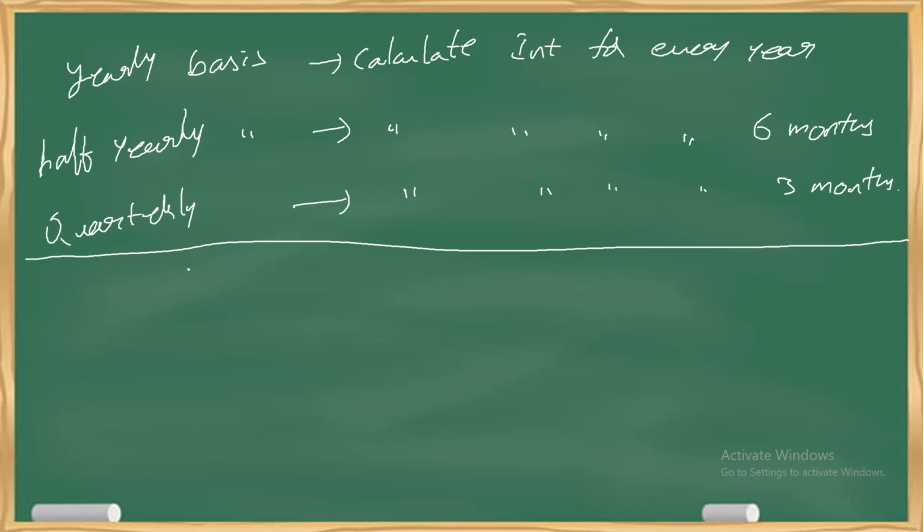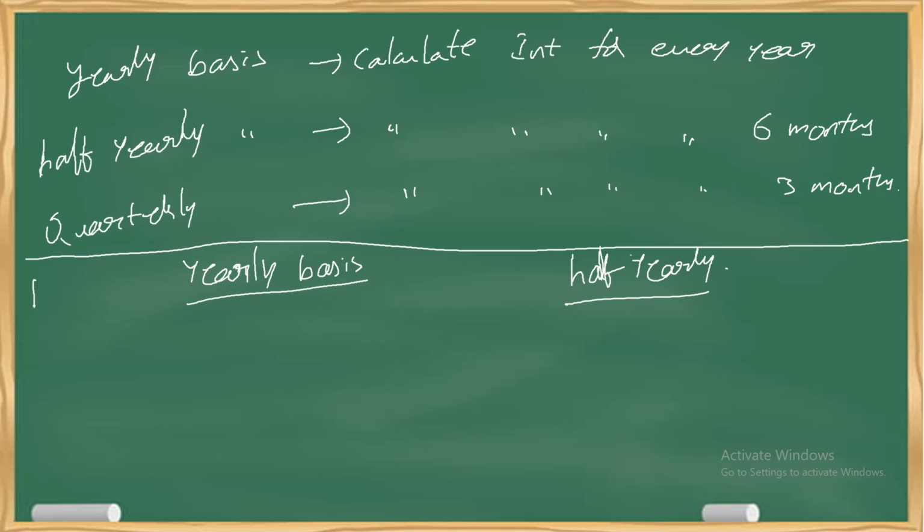For the yearly basis, again I use the same formula, guys: PTR by 100. Half yearly basis as well.